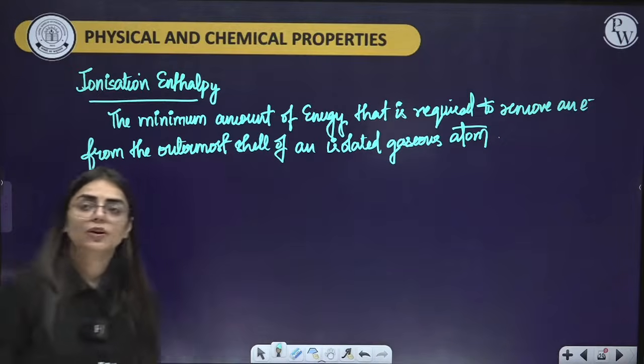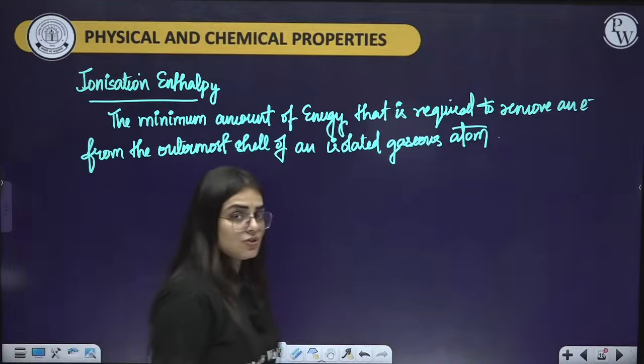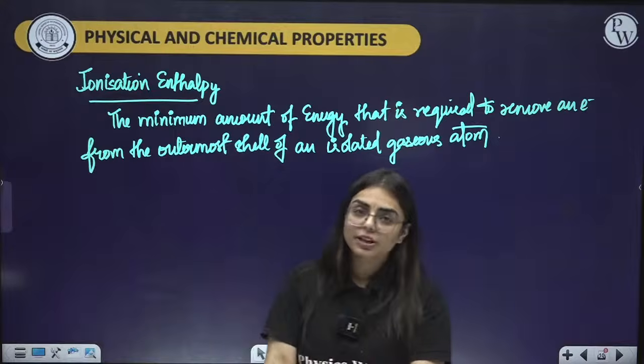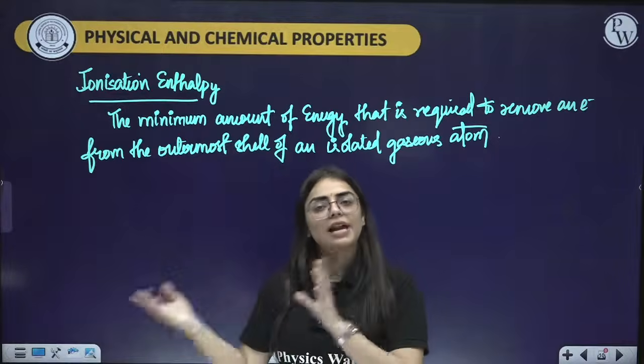This is what an ionization enthalpy or an ionization energy is, that minimum amount of energy that you're giving so that the outermost electron can be removed out.